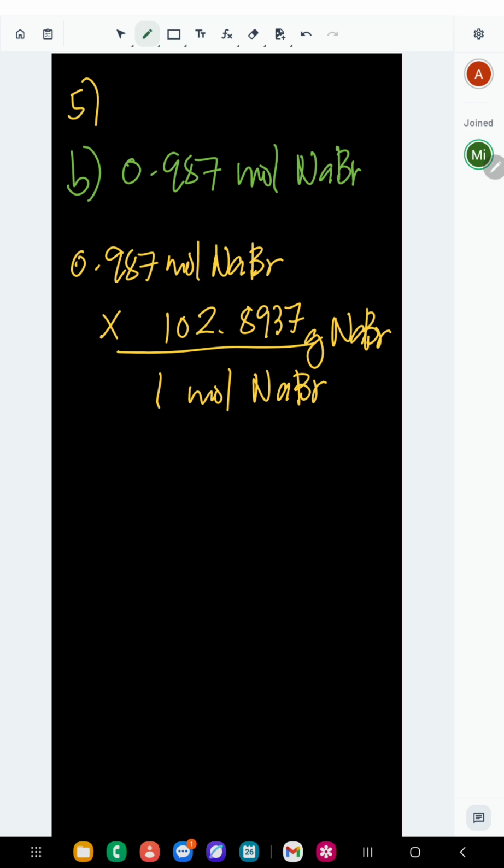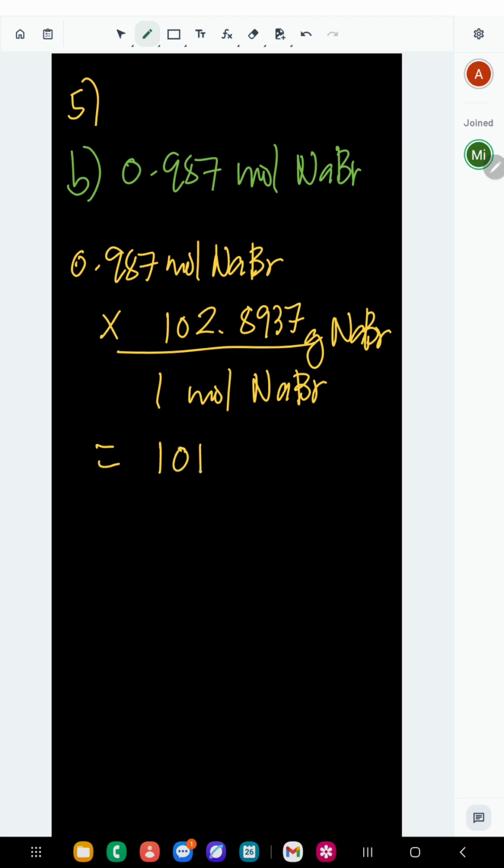Okay. So that's the molar mass of sodium bromide. Yeah, and then you multiply that by 0.987. Yeah, 101.5.